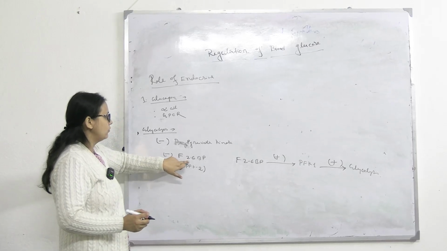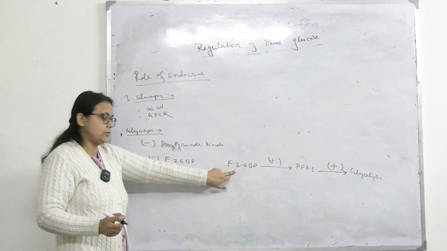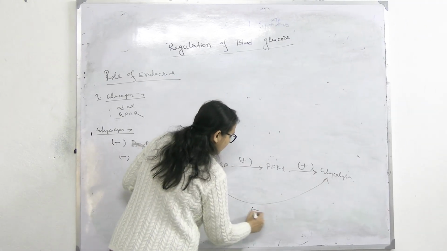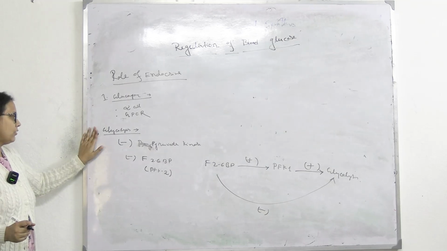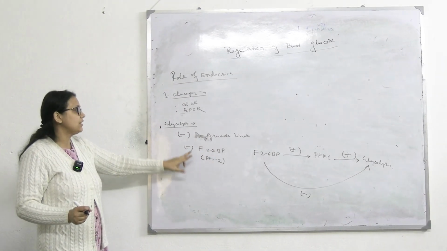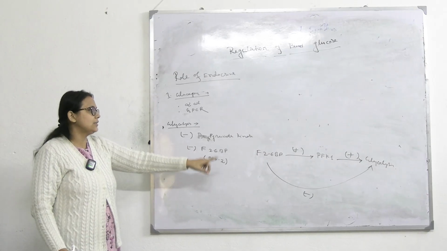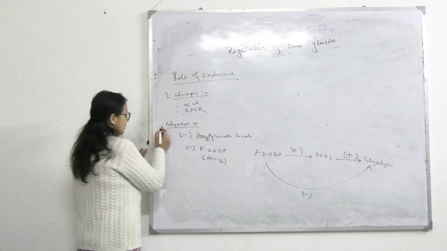Inhibits production of fructose 2,6-bisphosphate. So inhibition of fructose 2,6-bisphosphate production means inhibition of the whole pathway. So in glycolysis, glucagon inhibits pyruvate kinase and it inhibits production of fructose 2,6-bisphosphate, and thus it inhibits glycolysis. So this is the detailed mechanism.